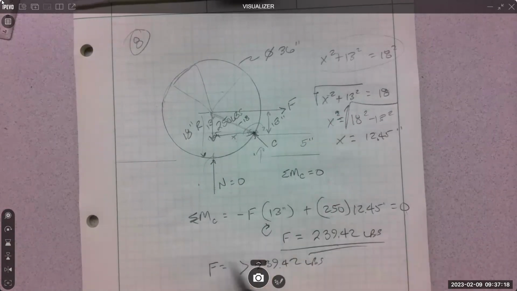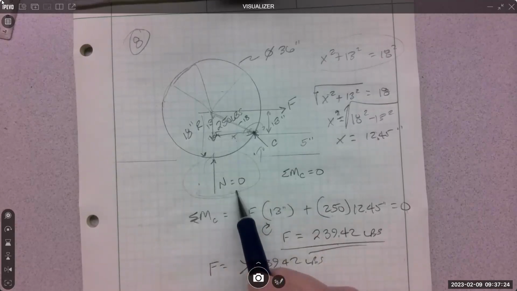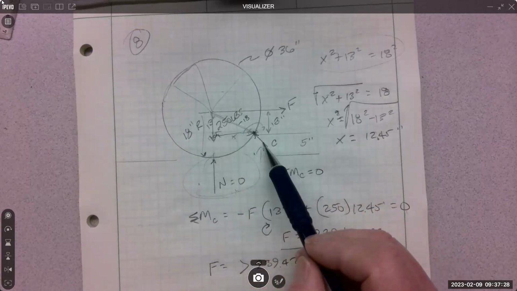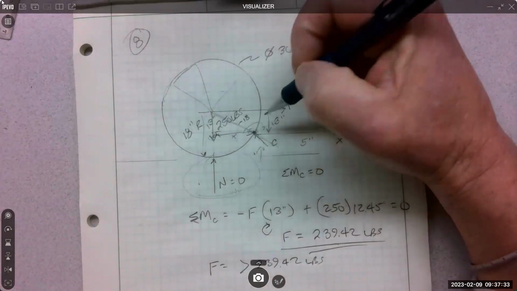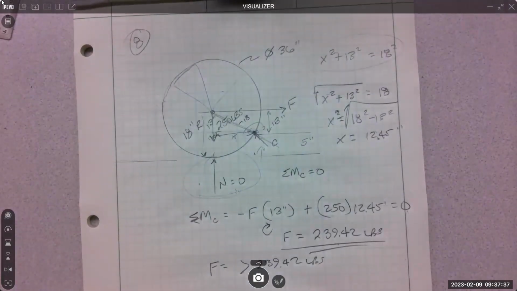So at this state, what's the reaction at C? There's a couple ways to do that also. Knowing that this goes to 0, now I have 1, 2, 3 forces, and they do all go through the center. So I could draw a force triangle now that I know F, right?